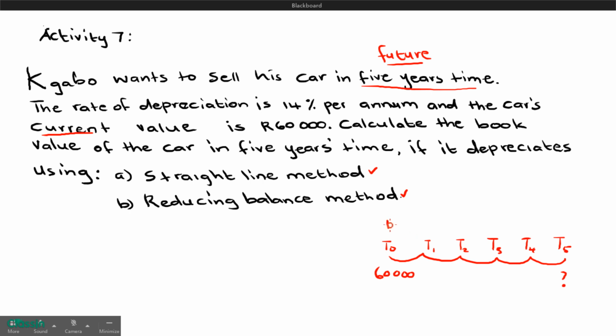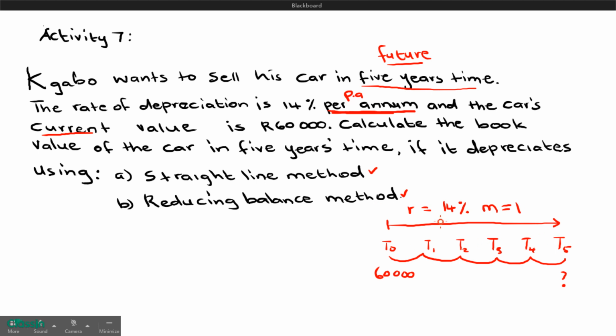So the rate of depreciation from this to 5 years, they say is 14%. It means that the value of R is 14% and it is per annum. Per annum is not written PA, it's written in full, per annum. It means that the value of M is equal to 1.